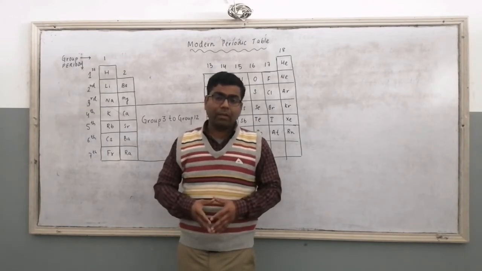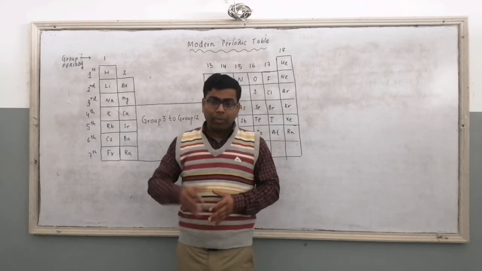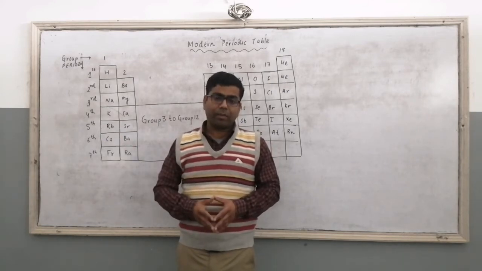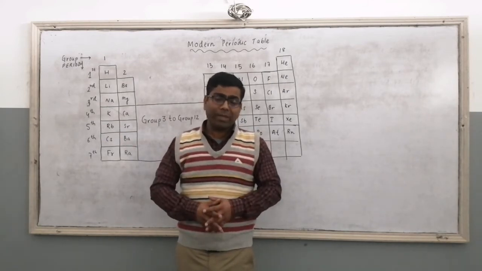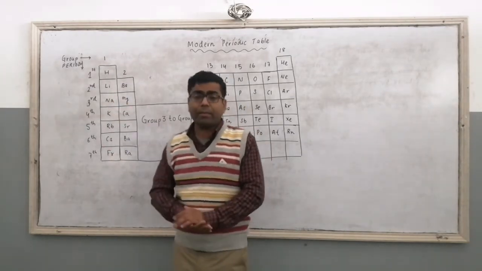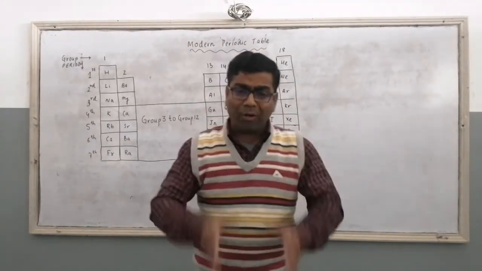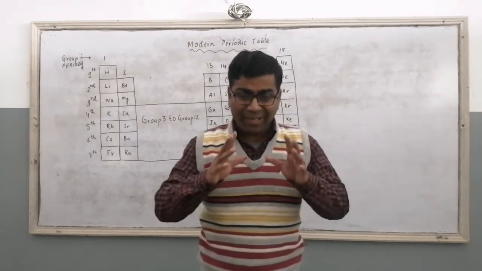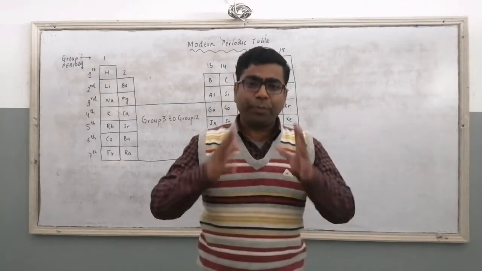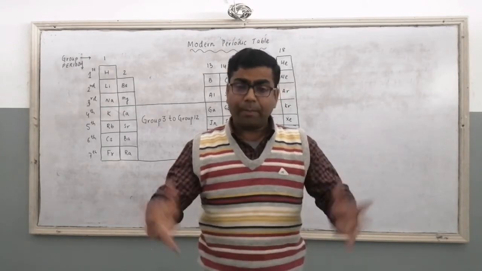So, naturally, valence shell 3 will be more away from the nucleus, and the valence shell decides the atomic size. So here we can say that size of sodium is more than lithium. So it's the rule, when we move from top to bottom in a group, atomic size increases due to progressive addition of energy levels or shells.